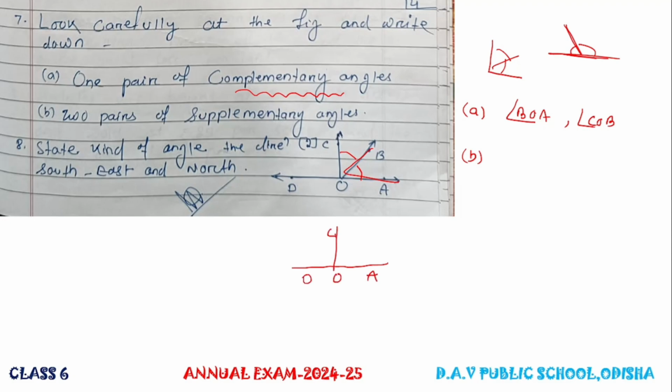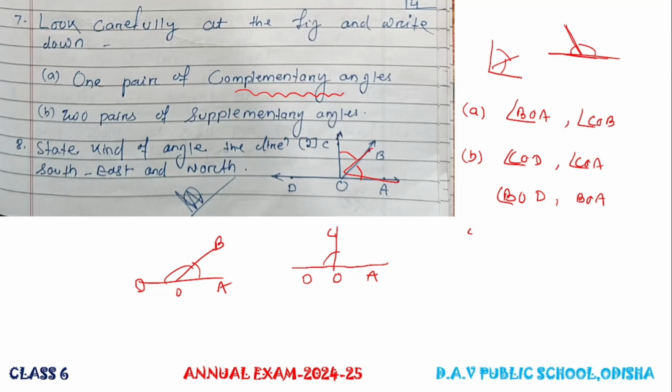C means COD is one angle, that is angle COD, and COA. This is one pair of supplementary angles. So another pair is BOA and BOD. So write down BOD and BOA. Okay, means the sum of these angles is equal to 180 degrees.